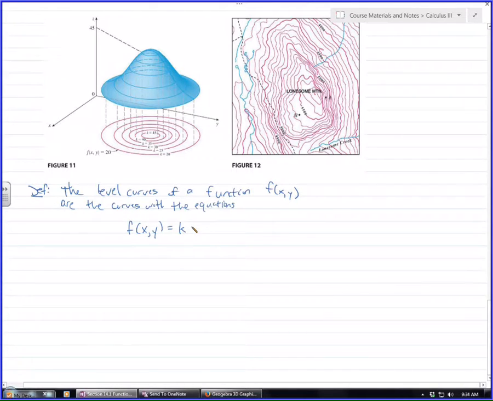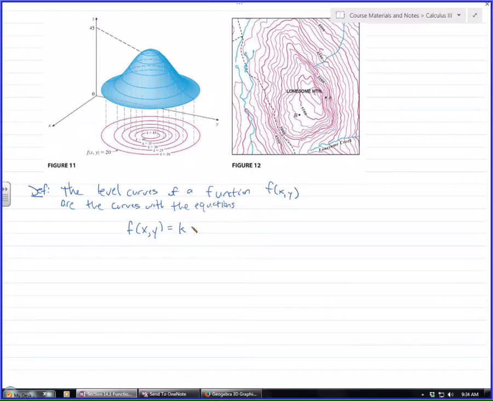So what you're doing is you're taking a plane of height k, just flat, parallel to the xy plane, and we're slicing at a given height. So if you look at this one right here, k equals 45, we're going up a height of 45, and we're looking at all the points where that surface has a height of 45. So this light blue line right there is that curve, but I'm just going to graph it in the xy plane.